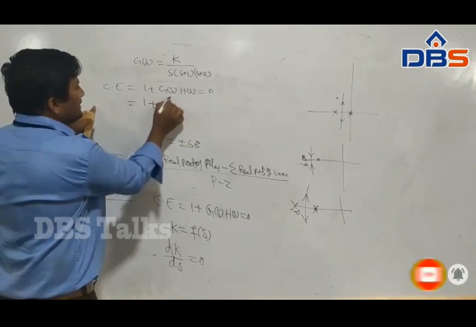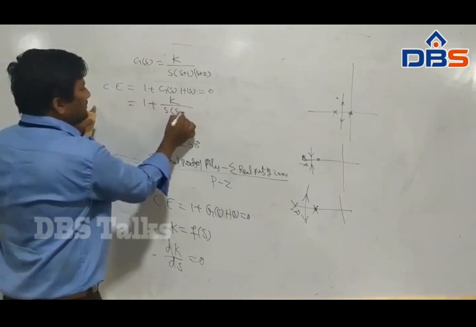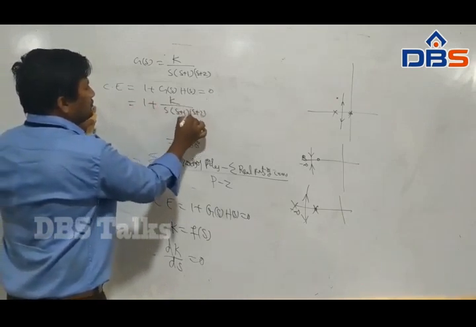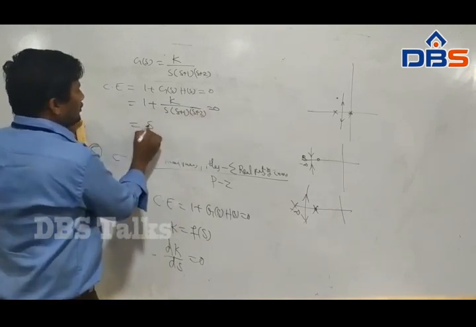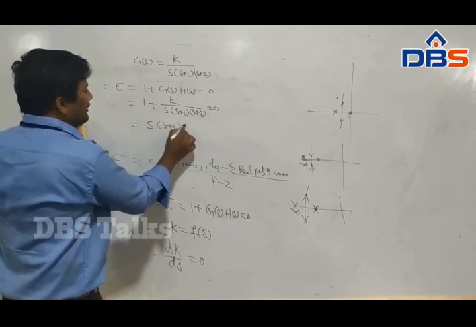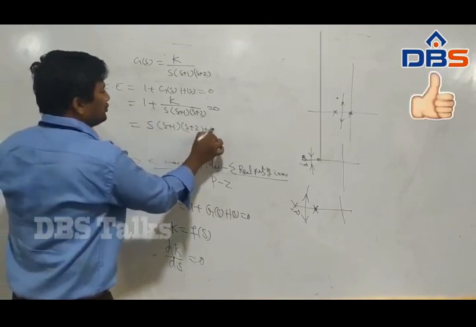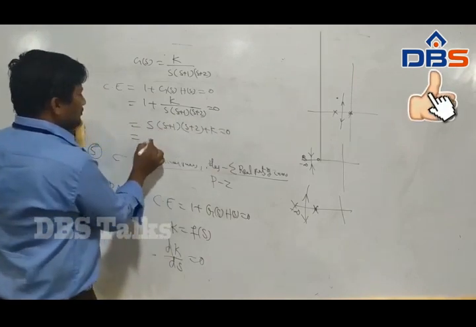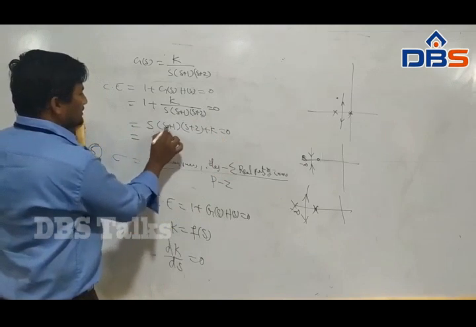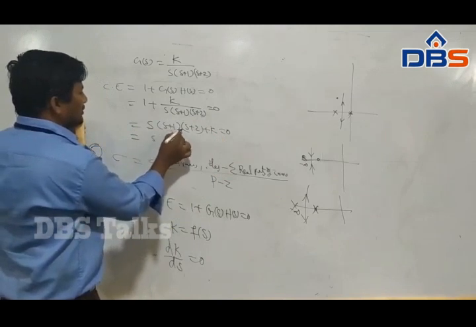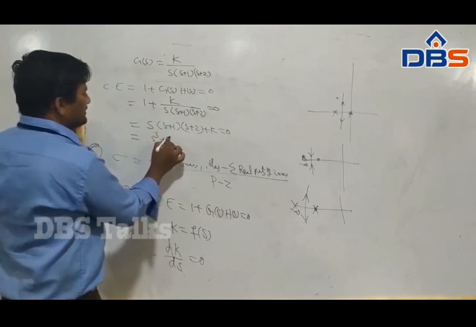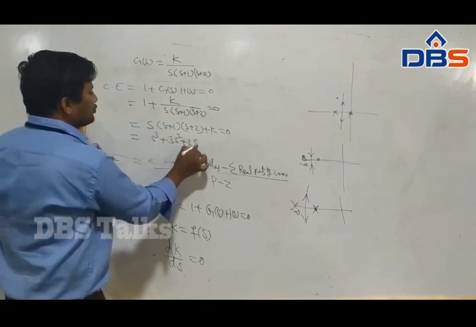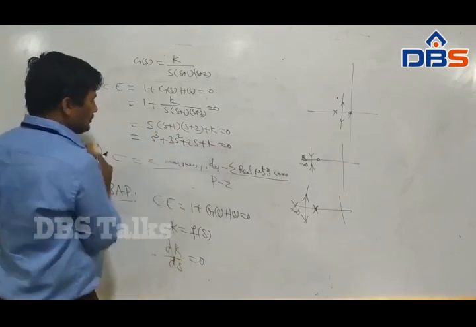So that is 1 plus k by s into (s plus 1) into (s plus 2) equal to 0. So this is s into (s plus 1) into (s plus 2) plus k equal to 0. So s square plus 2s plus 1s plus 2, that is s cube plus 3s square plus 2s plus k equal to 0.